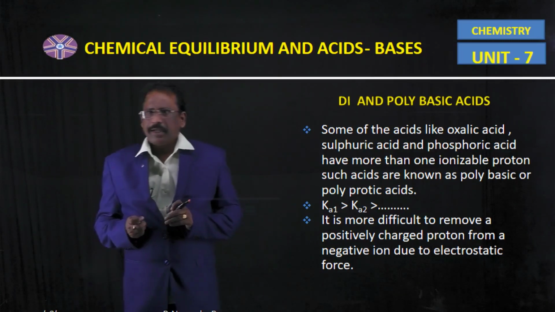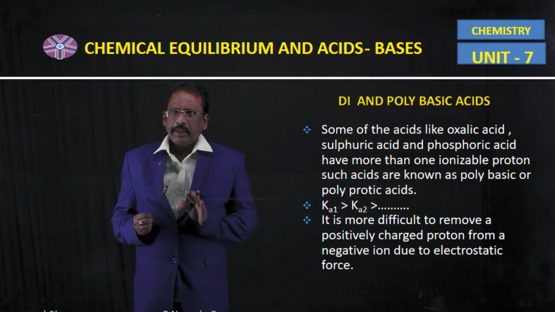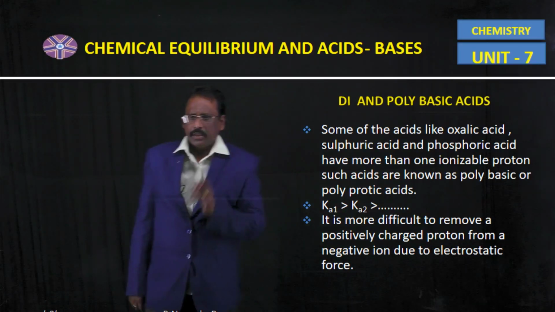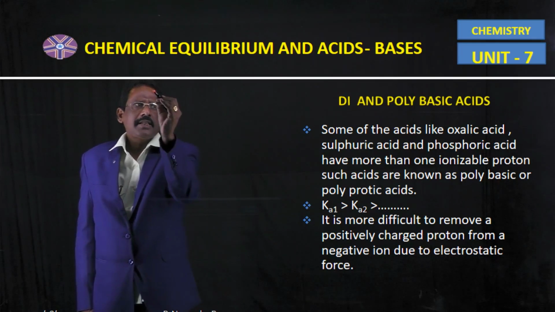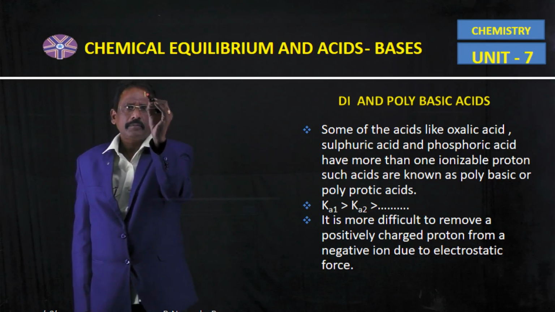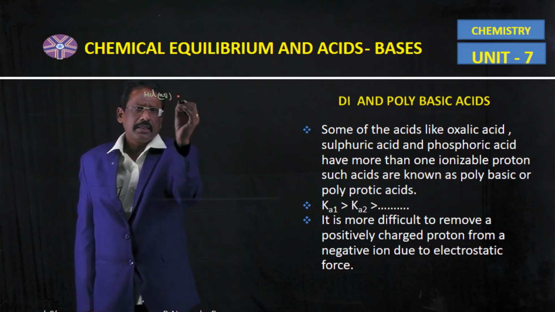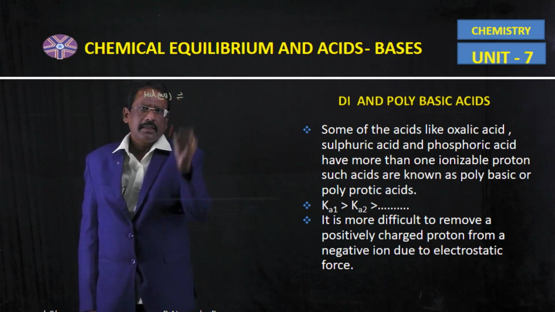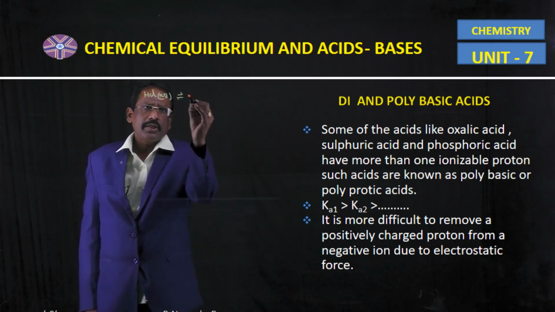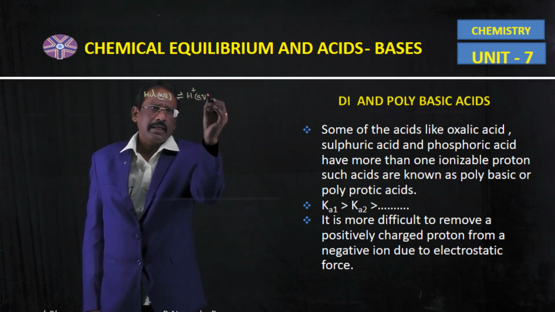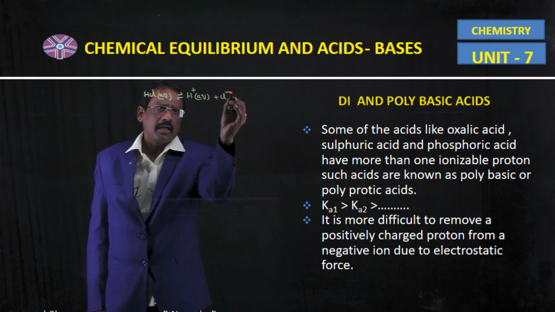Now the next one is di and polybasic acids. For example, HCl. In the aqueous state, it dissociates into H plus ion and Cl minus ion.